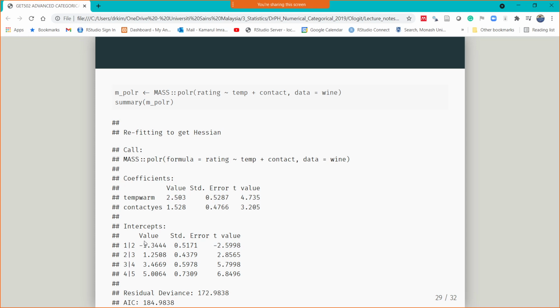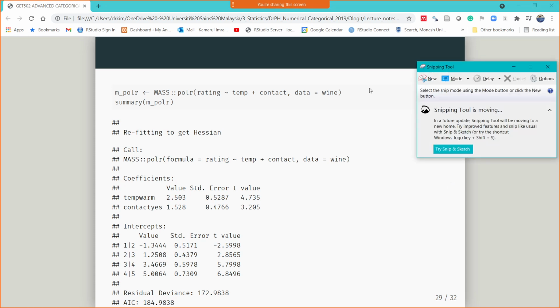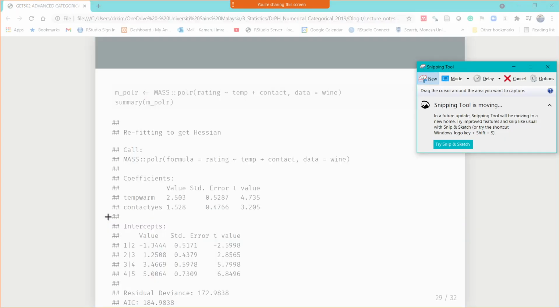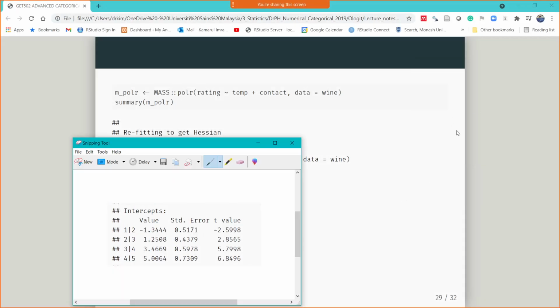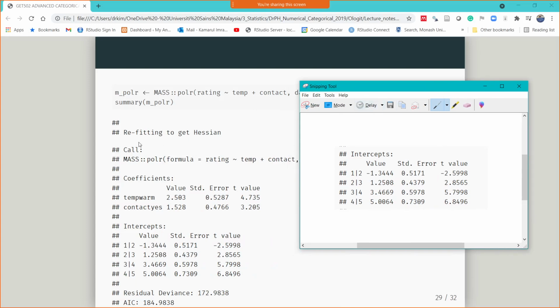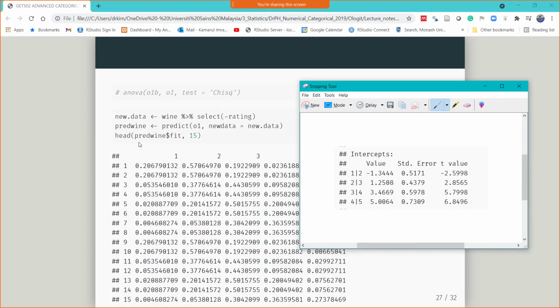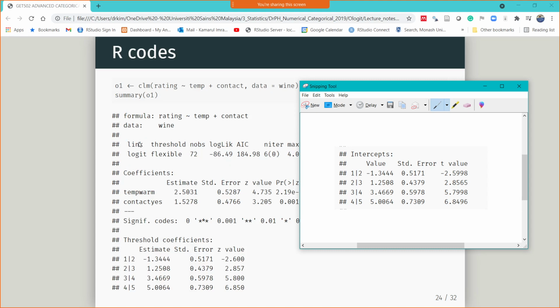Let's see the intercept. 1344. Let's just copy and paste. 1344, 1.2508, 3.46, 5.0067. So they are the same.